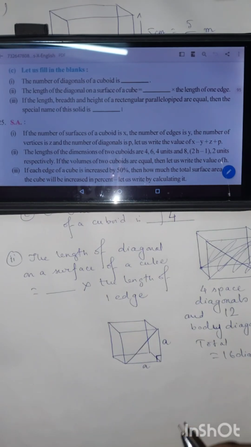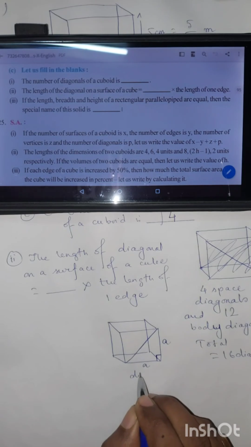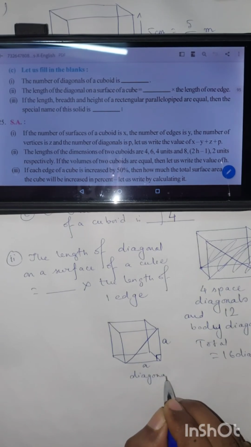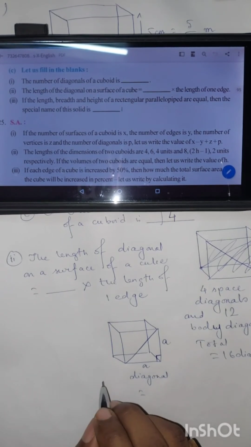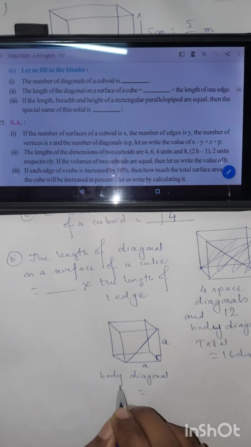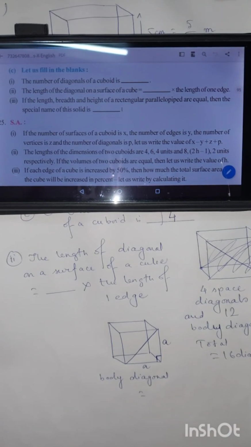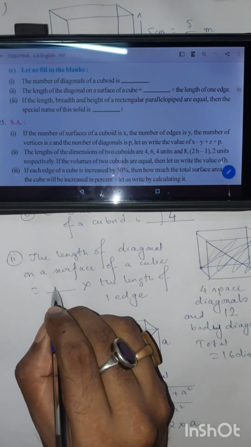So the diagonal is actually, by Pythagoras, root over a square plus a square, that means root over 2a square, that means root 2 into a, that means root 2 into length of one edge. So this will be root 2.